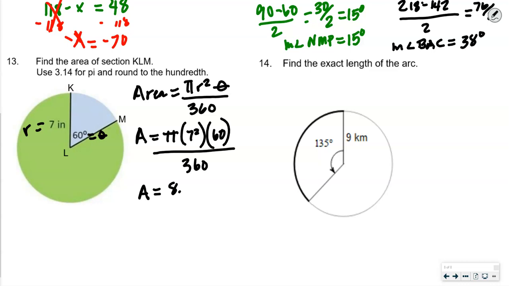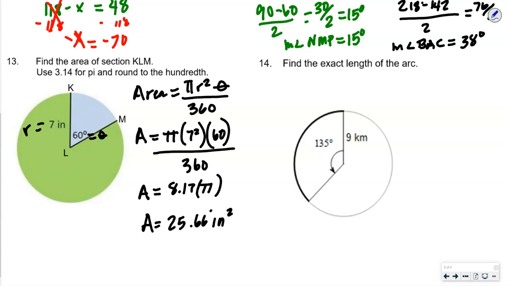So this is 8.17, it's really 8.1666, and then we're going to multiply that by pi. So our answer, because it says round to the nearest hundredth, is 25.66 inches squared. And this is inches squared because it's area, okay?